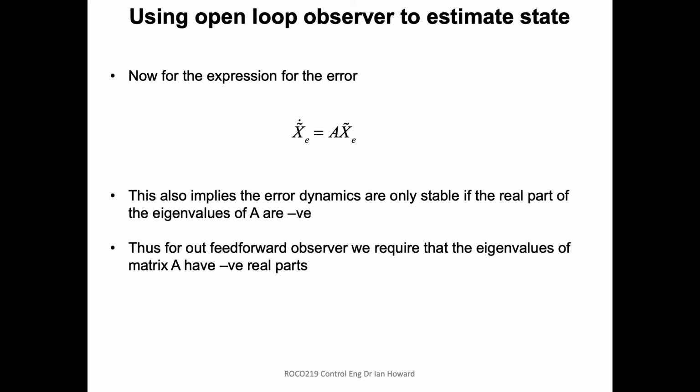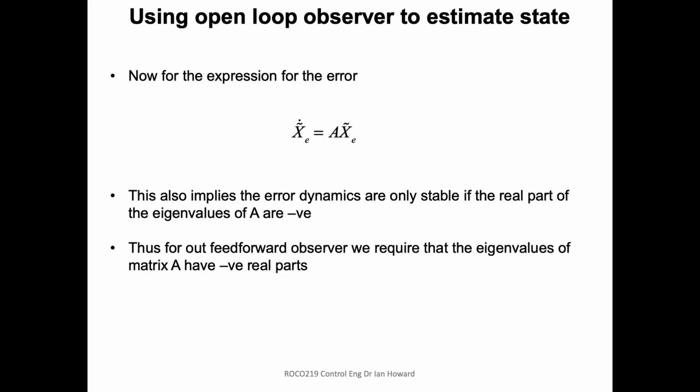So basically all we're saying is we can consider this error expression as being very much just like a standard state space model, and we want the error dynamics to be stable, right? We want the errors to die away with time. So we want the eigenvalues of A to have negative real parts.